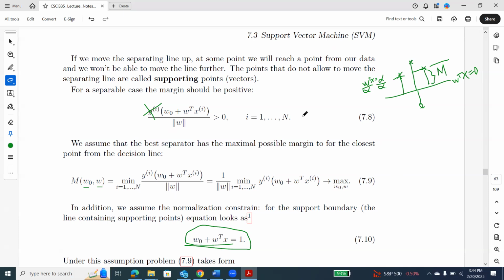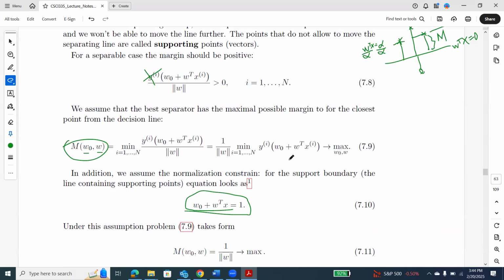We don't know W, we don't know alpha, but that's why this function depends on W, and we will maximize this distance.